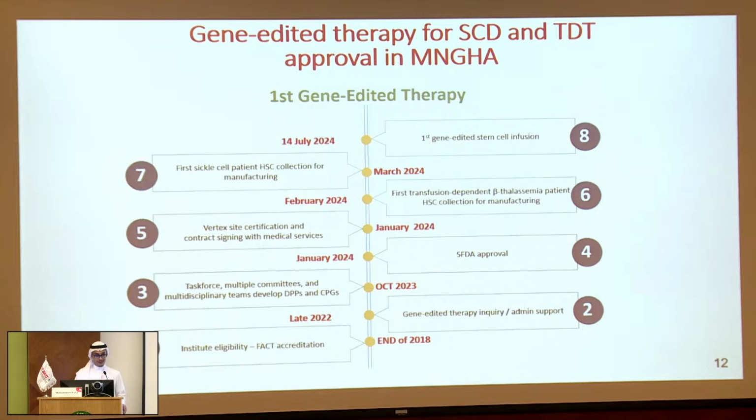While the other way around, we think, and as illustrated in the data, complications during conditioning and after conditioning, like VOD, are higher in thalassemia patients and need to be worried about or be careful about, similar to transplant patients.